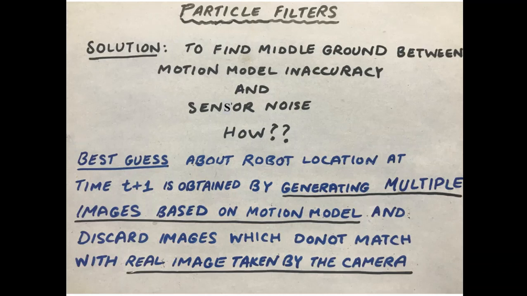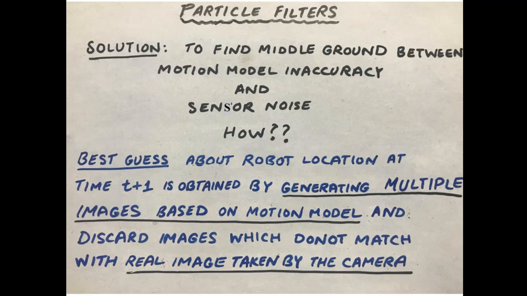So there are two types of images here that we are talking about. One of them, you can think of as the virtual images. Those are the images that we generate based on the robot motion model, that is based on our visualization or the way we think the robot is moving. Those images are going to give us the information based upon our guess. It's guesswork.